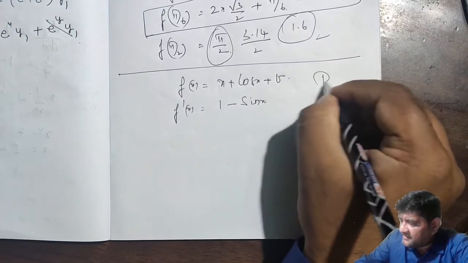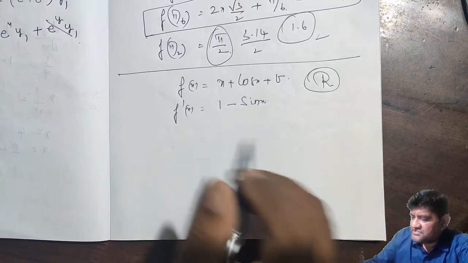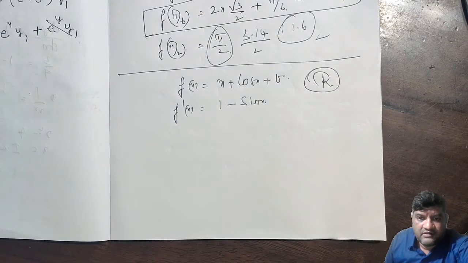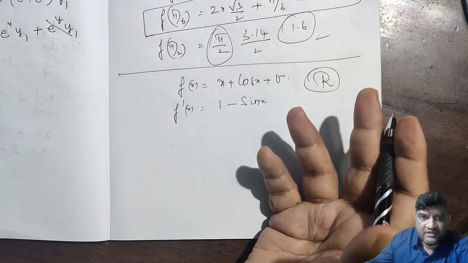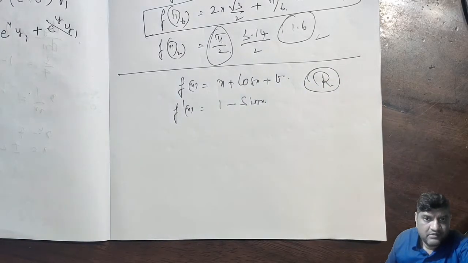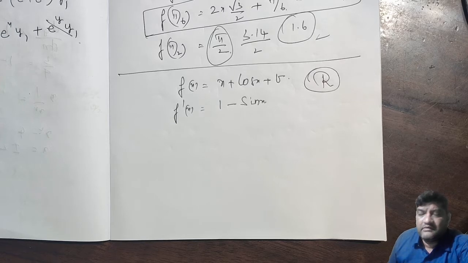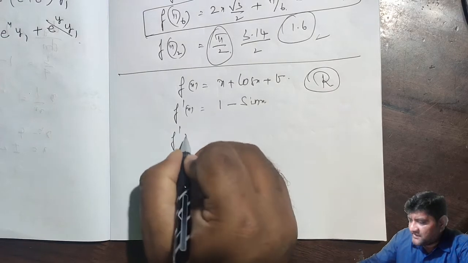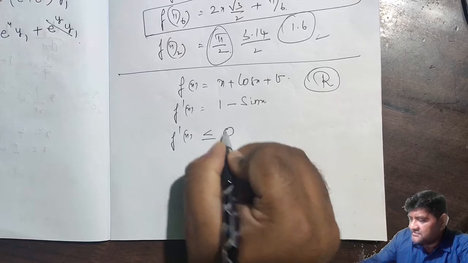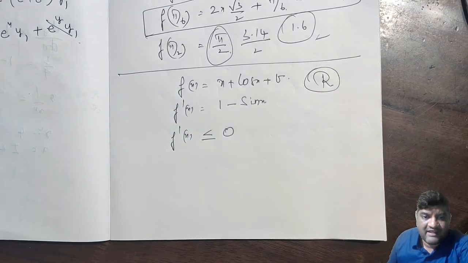And the entire real numbers is given to me. I differentiated it. So for decreasing, what do I know? For decreasing, f dash of x needs to be less than 0. Find the function strictly decreasing. So f dash of x is going to be less than or equal to 0. That's what I will have.